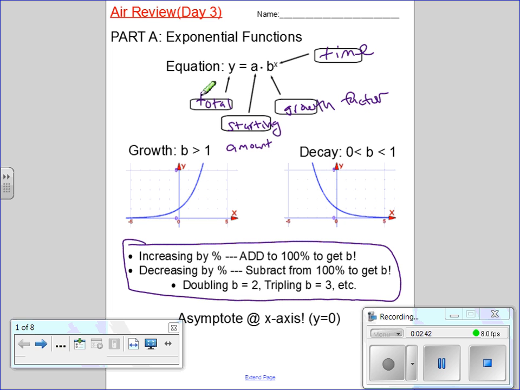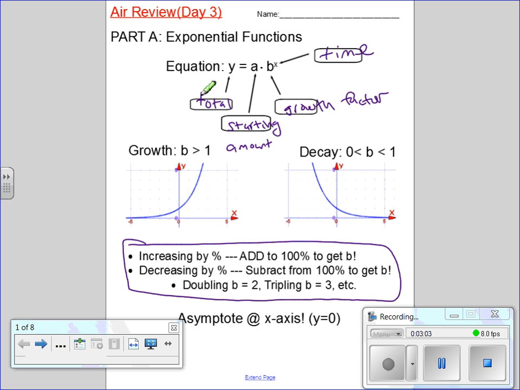And then you would turn that to a decimal. So what would your growth factor be in that case? 0.85. There you go. Okay. So we'll see a couple of those scenarios today, but I just wanted to give you a heads up on how you do that with the whole adding and subtracting from 100%. And then the growth factors, if they're doubling or tripling, are easy. Doubling, your growth factor is a 2. Tripling, your growth factor is a 3.